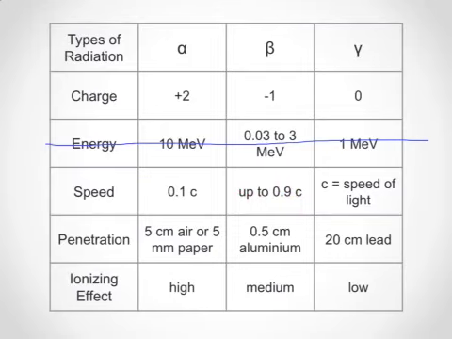And gamma, being part of light, travels at the speed of light. Penetration: alpha can penetrate a piece of paper. Beta can penetrate half a centimeter thickness of aluminium. And gamma, being the most penetrative, can penetrate 20 centimeters of lead. Ionizing ability or ionizing effect: alpha is high, beta is medium, gamma is low.